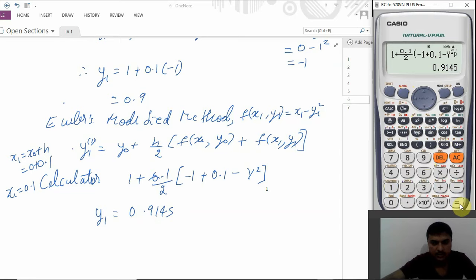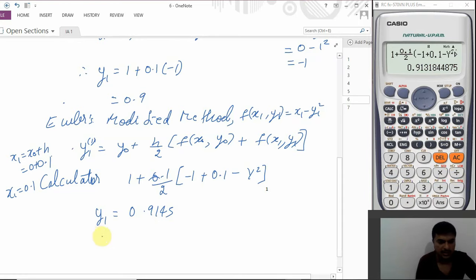So here I will stop because of 3 decimal places, the question is very clear. For 3 decimal places I have to stop the modified Euler's method. So you can see x is equal to 0.1. I have calculated for x is equal to 0.1, only one step.